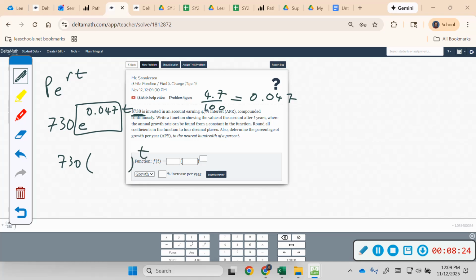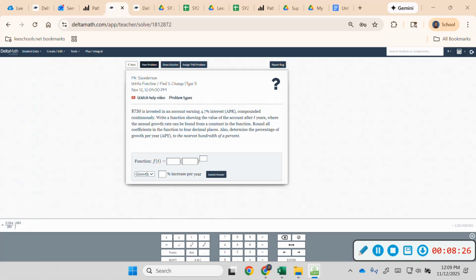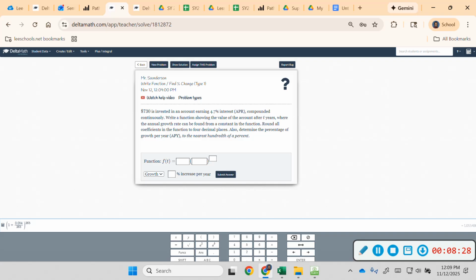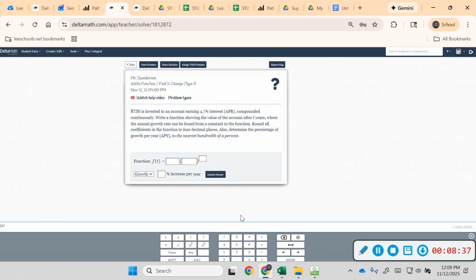So when I put that in the calculator, I would get e to the 0.047, which would give me this amount right here, so that'll be 1.04812, and then here I rewrite the 730, here I rewrite the t.